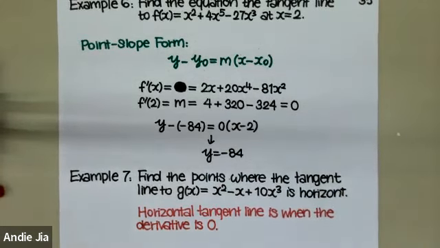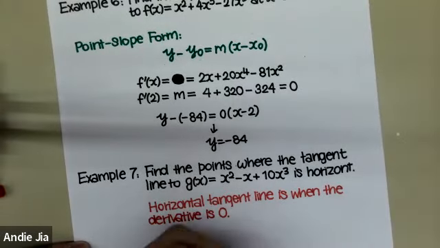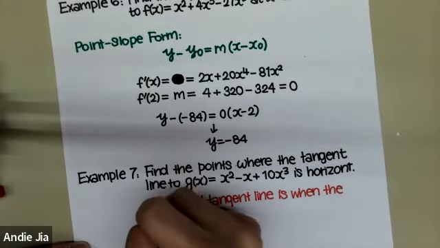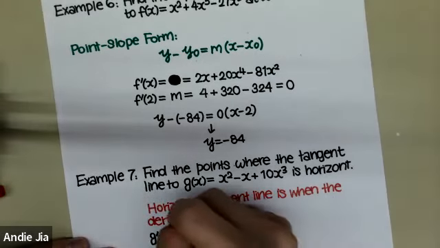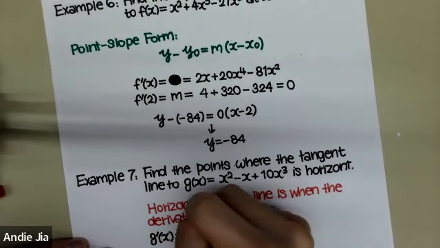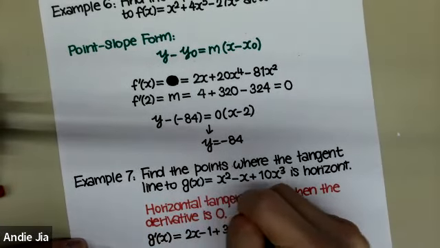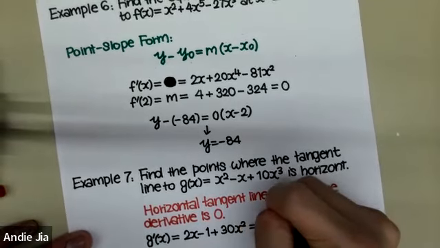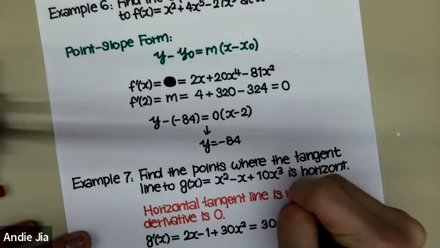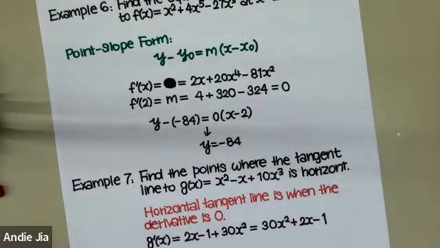So in this case, we need to find what g prime of x is. It is 2x minus 1 plus 30x squared. So it is basically 30x squared plus 2x minus 1.